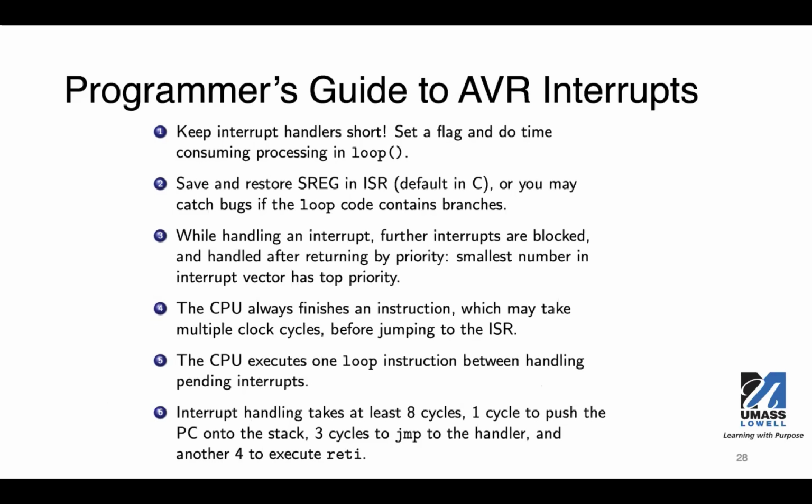The interrupt handling takes about 8 cycles: 1 cycle to push the PC, 3 to jump, and another 4 to execute RETI. You normally don't have to worry about this, especially when you're programming using C. But if you have very tightly controlled timing properties to match, then you may also want to consider these overheads.